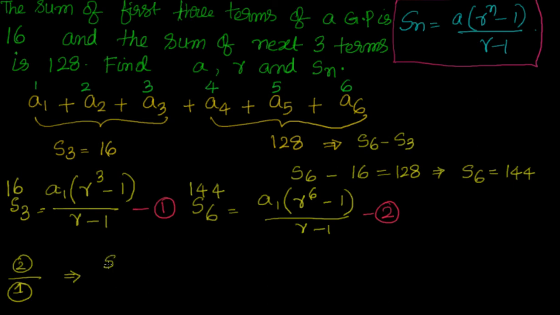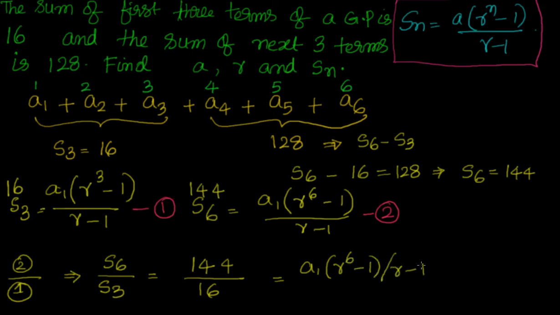So can I say S6 by S3 is equal to 144 divided by 16? That is nothing but equal to A1 into R to the power of 6 minus 1 divided by R minus 1, that whole thing divided by A1 into R cube minus 1 whole thing divided by R minus 1.